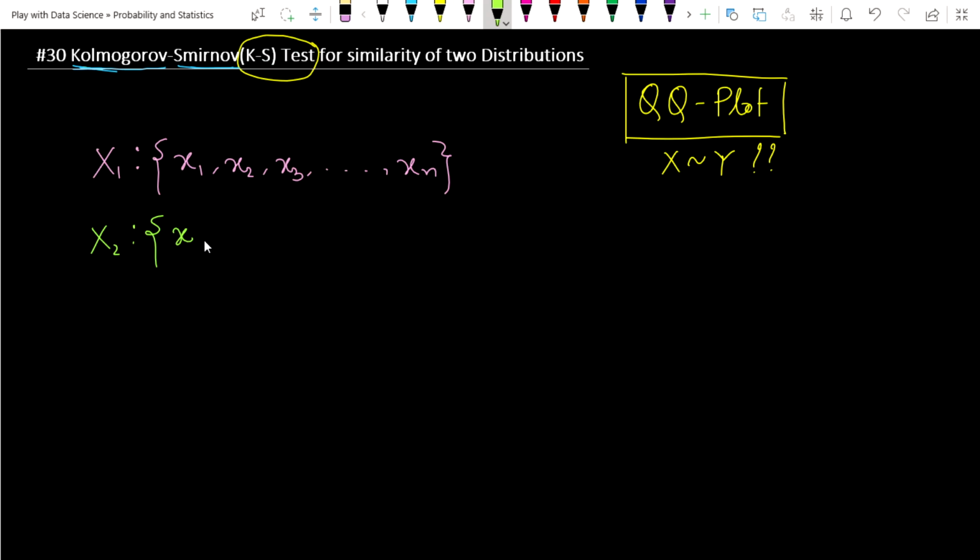I think it will be better if I denote this with a superscript: this is for x1, and x1, x2, x3, up to xm are the m observed values, and here we will use 2 for the x2 random variable.